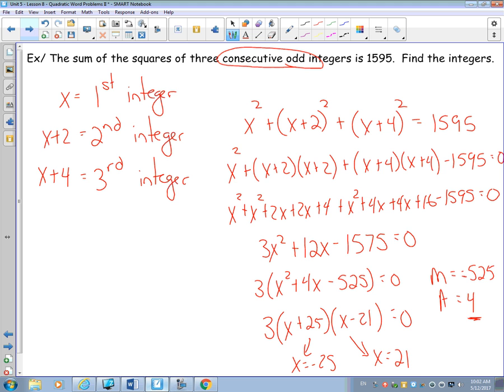So if I go back to my let statements, I could have x being negative 25, which would make x plus 2 negative 23, and x plus 4 negative 21. Or x could be 21, which makes x plus 2 23, and x plus 4 25.